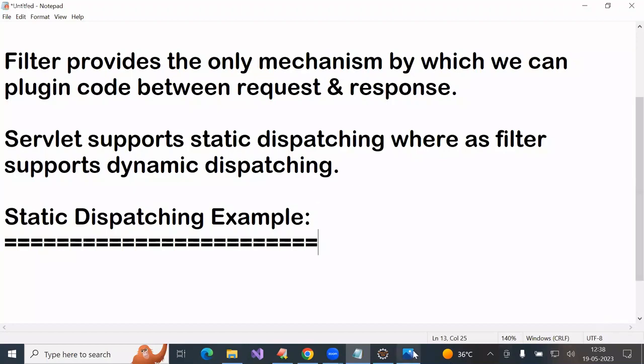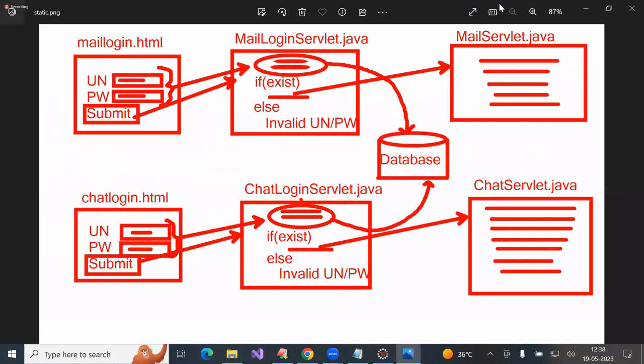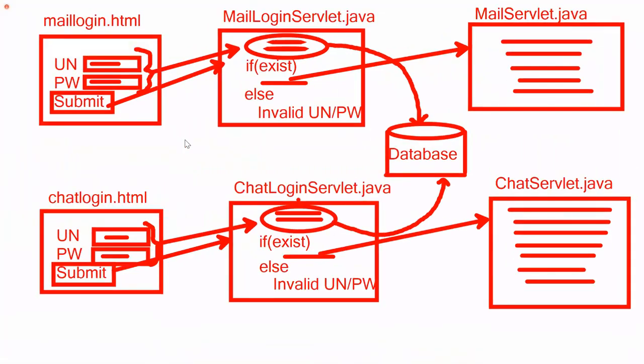Write this diagram. But dynamic dispatching is better. Here, these are fixed links. It is a fixed link, fixed link. That is why it is static. Static dispatching example.